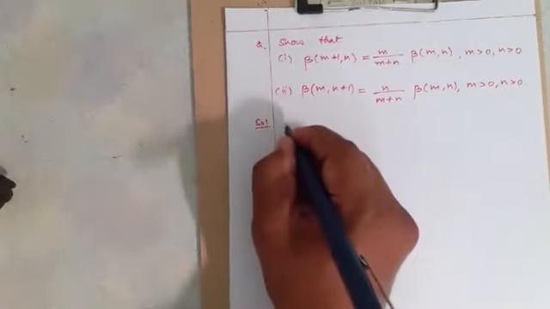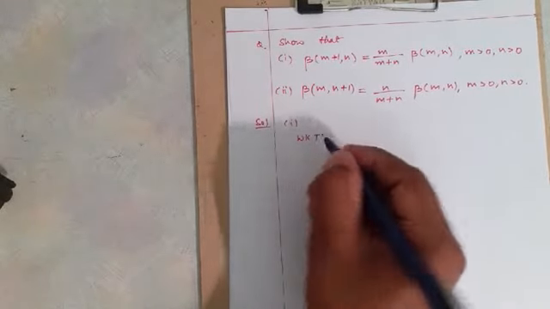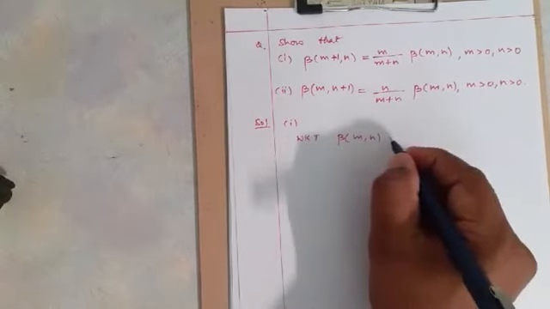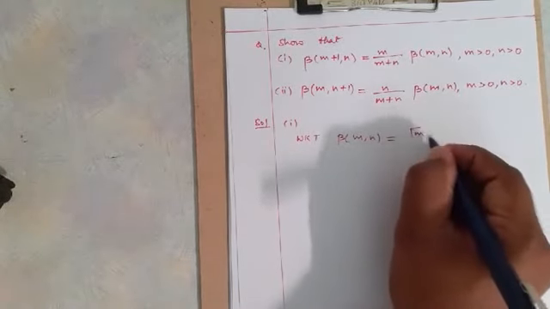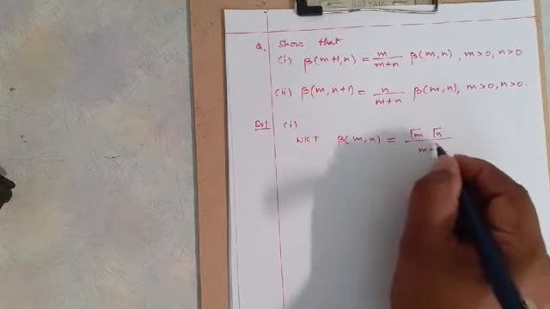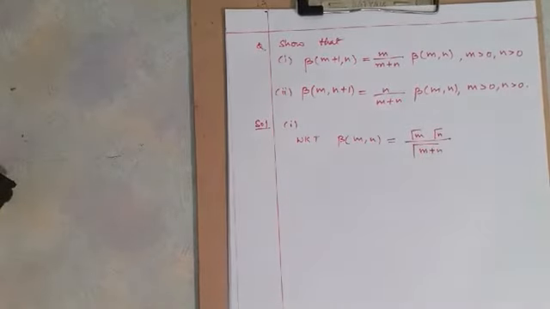For doing the first bit, again we use the relation between beta and gamma function. That is nothing but beta of m comma n is equal to gamma m gamma n upon gamma m plus n. We take the definition of this one.